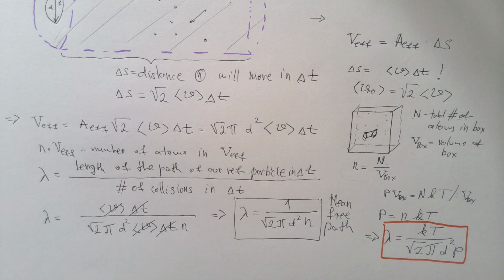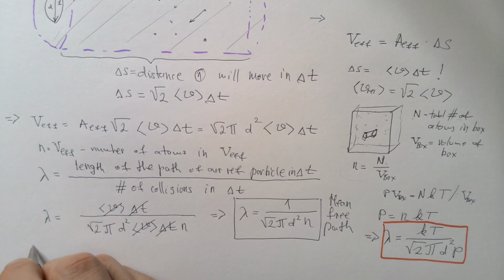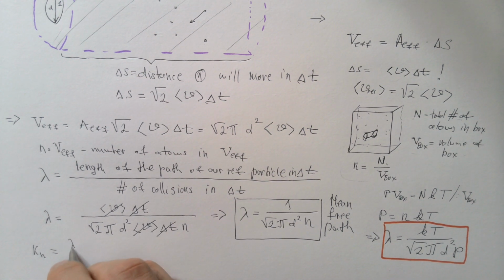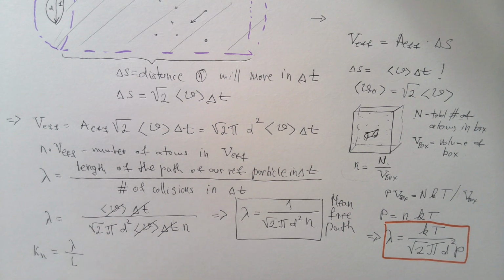Lastly, I would like to say that this video nicely connects to the very first video that I published on this topic on this channel, and that is the video on Knudsen number. Knudsen number, you will remember, was defined as mean free path, lambda, divided by some characteristic length, L. And this number is used to quantify whether we are in continuum flow or kinetic theory of gases.